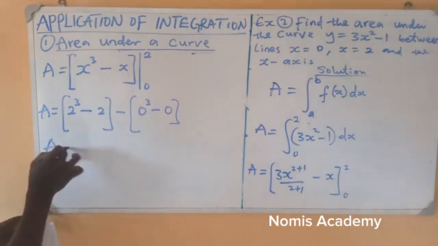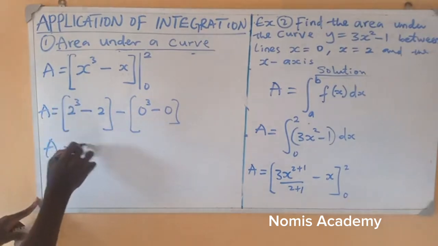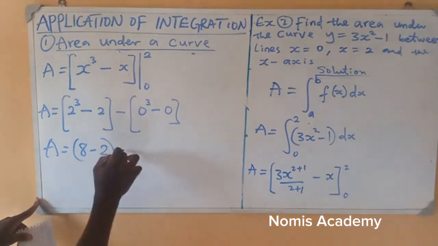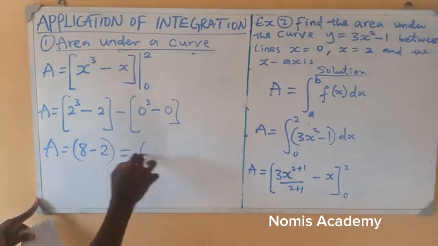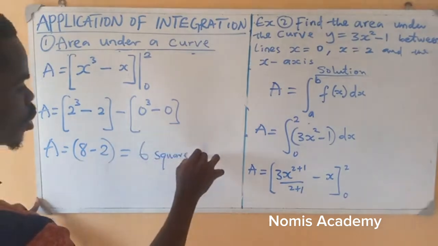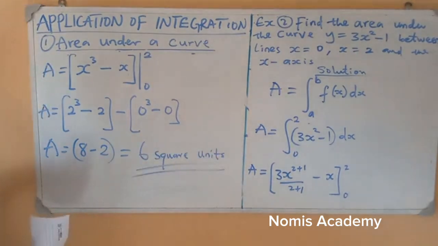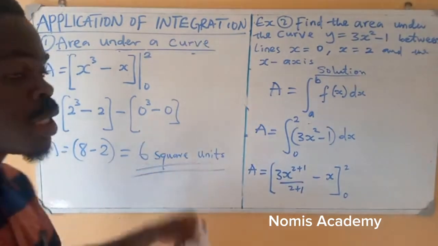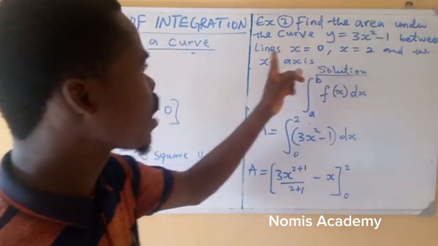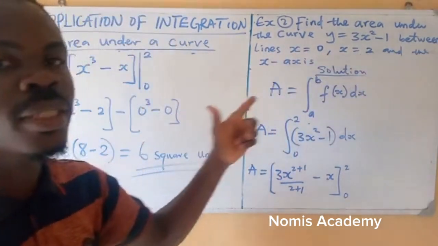So our area is equal to 8 minus 2, and then the final answer is 6 square units. So 6 square units is the area under the curve between the lines x equal to 0, x equal to 2, and the x-axis.